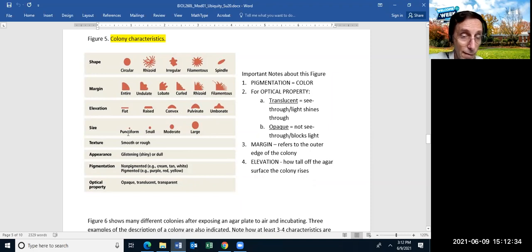The size, there's punctiform. And let me give you an example of punctiform. Punctiform, that pencil's not showing. Ah, there it is. If I put it by my face, it shows. Punctiform means it's the size of the point of a pencil or smaller.